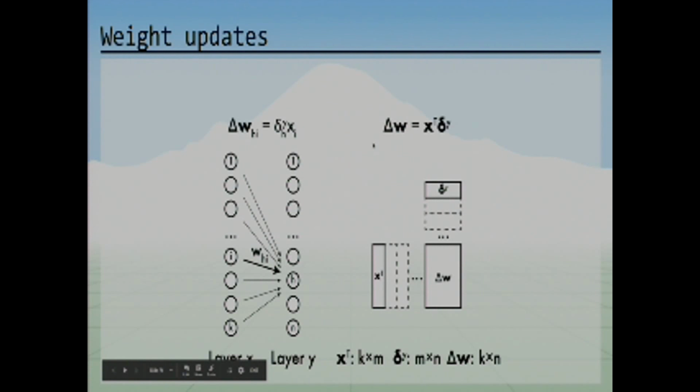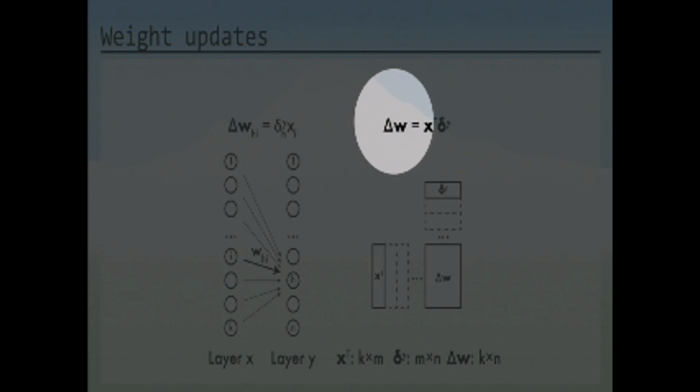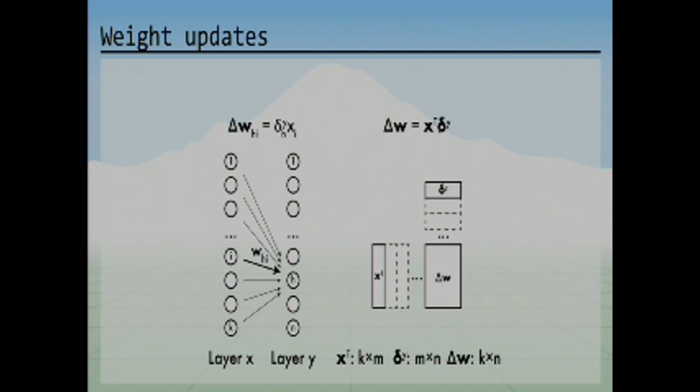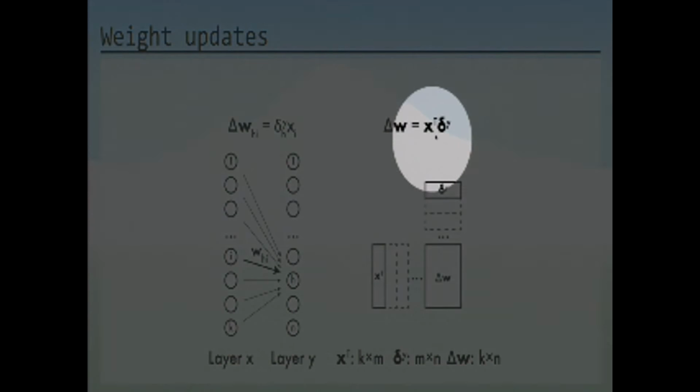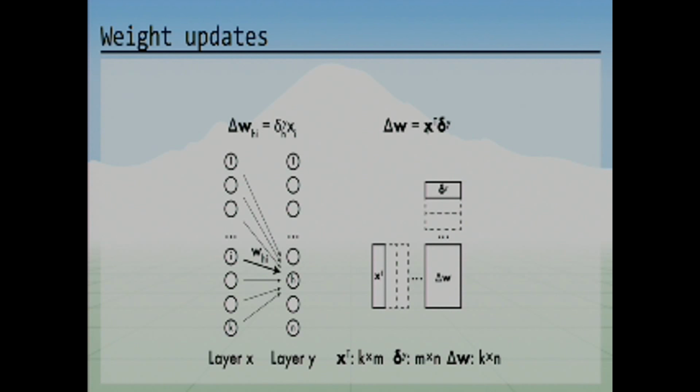We want to calculate basically the change that we're making to w, and we have our input x, and we have this gradient information at y, and we can just basically take x, which was a vector, and take the transpose and make it into a column vector instead.